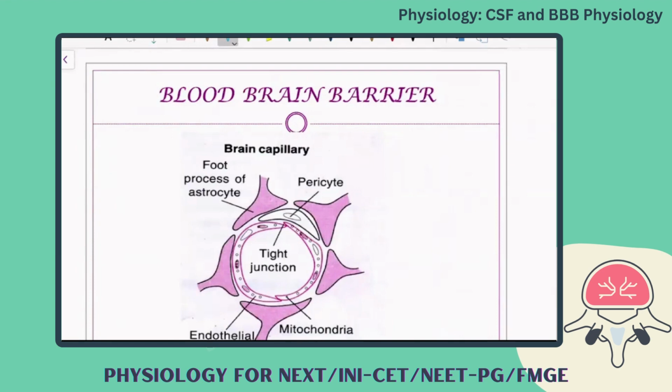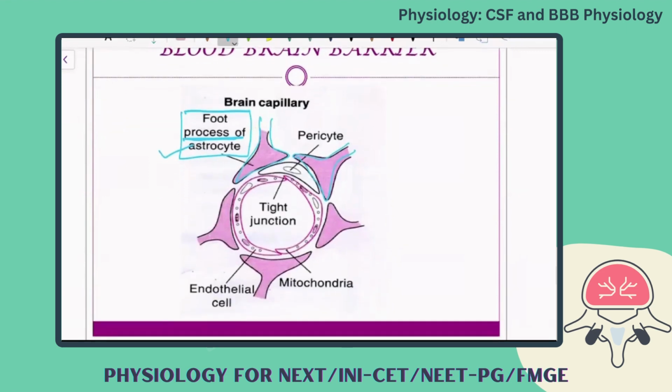This blood-brain barrier is mainly made by the foot processes of the astrocytes. Astrocyte is one of the neuroglial cells. This is the structural arrangement of the astrocytes. These foot processes of the astrocytes cover the entire structures of the brain, and form a barrier between the neural cells and the outer environment.